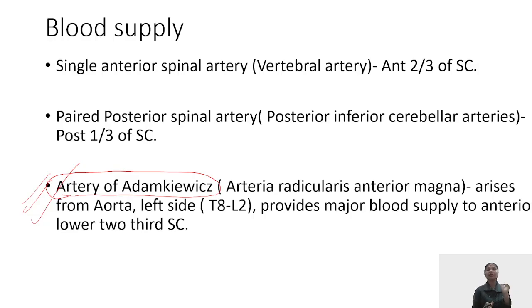I repeat, this artery is only present in the thoracic and lumbar region, T8 to L2, but at that level it forms a major chunk of the blood supply of the anterior spinal cord, along with the anterior spinal artery, only on the left side. I hope this is clear.